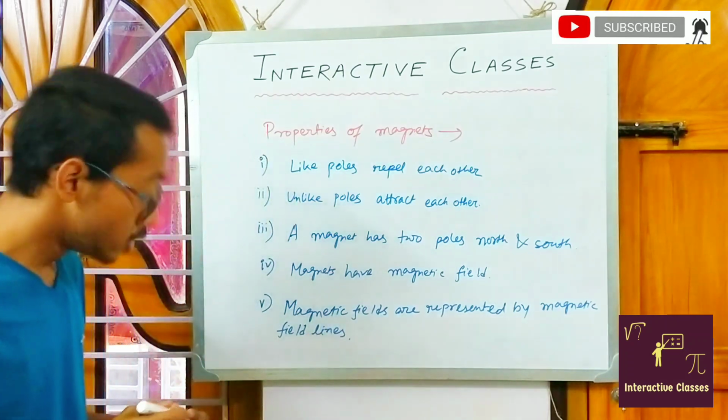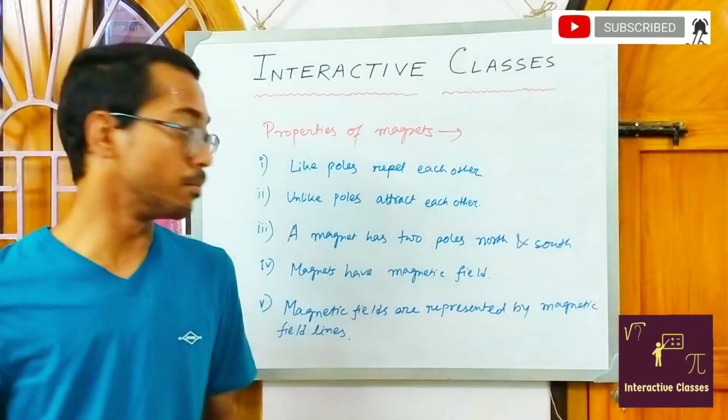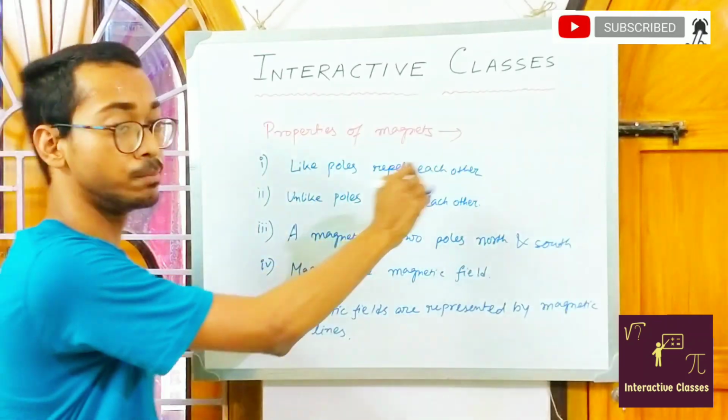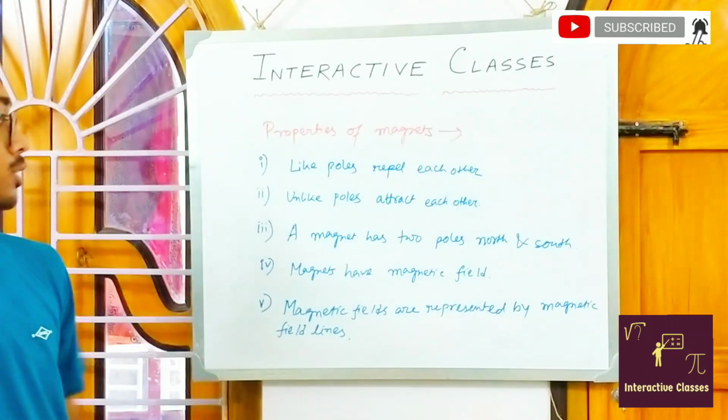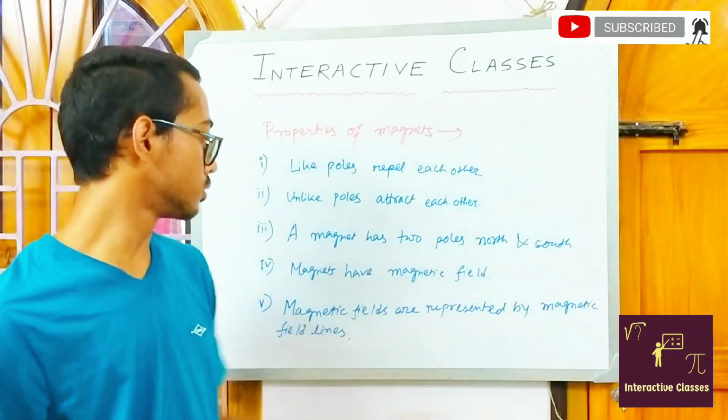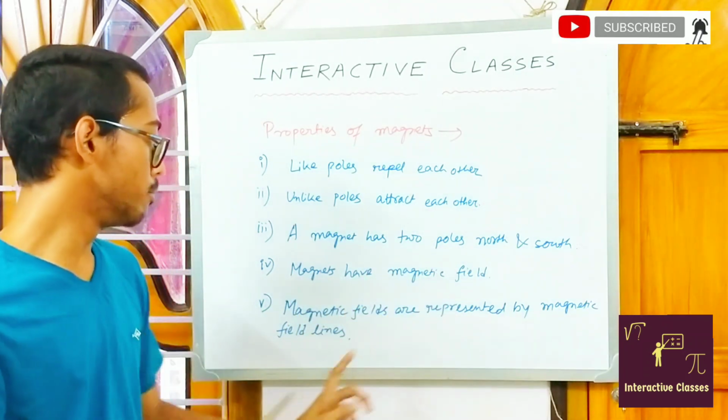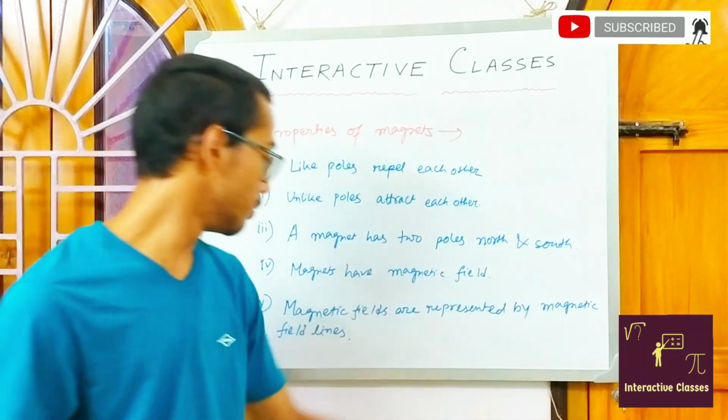Okay, these are the basic properties of a magnet. Like poles repel each other, unlike poles attract each other. A magnet has two poles, north and south. Magnets have magnetic field. Magnetic fields are represented by magnetic field lines.